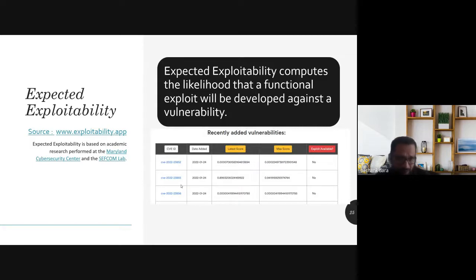The model was predicting a high likelihood of an exploit. And as it predicted, in the next few days tons and tons of exploits were made available. Okay, so very fascinating area again.